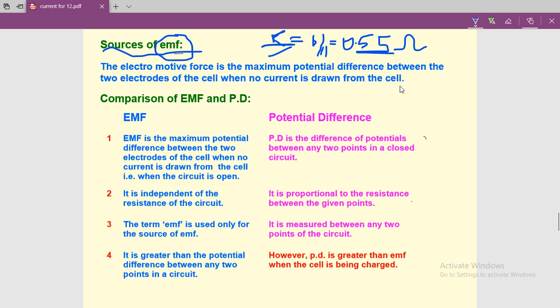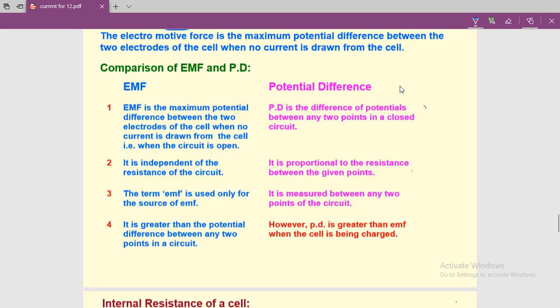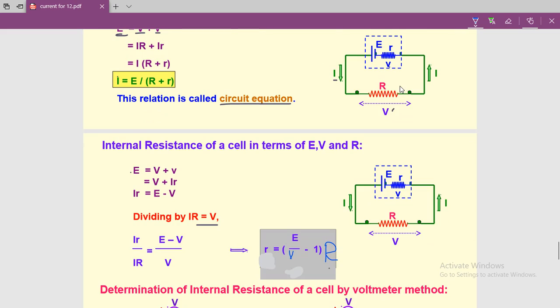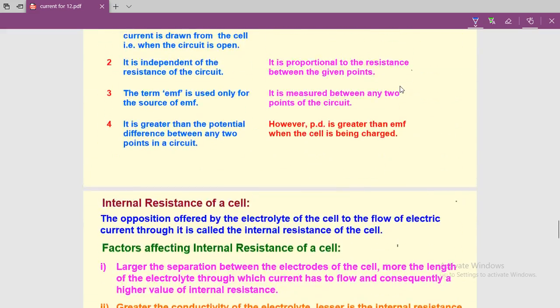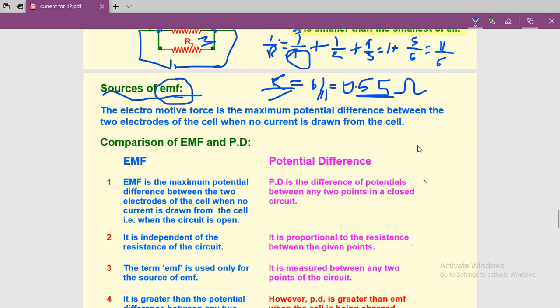Okay, so let me tell you with an example. Let me draw the cell. Suppose this one is a container. Okay, it has two electrodes, one of them is cathode and another one is anode, and there is some electrolyte.